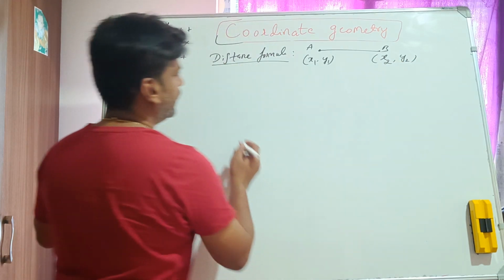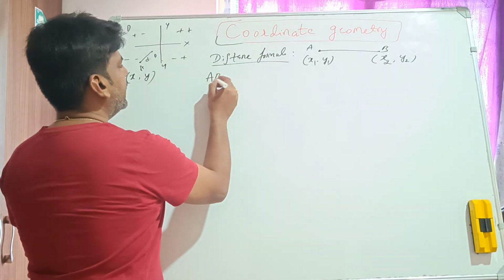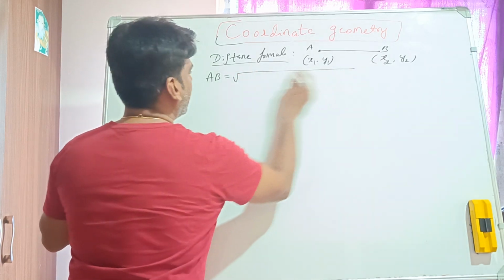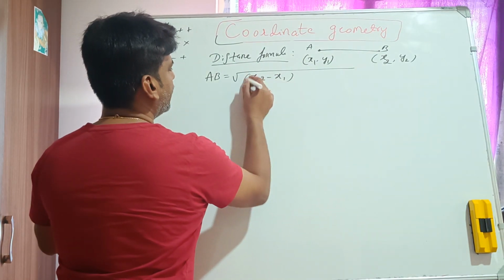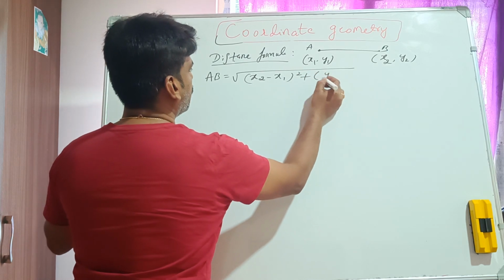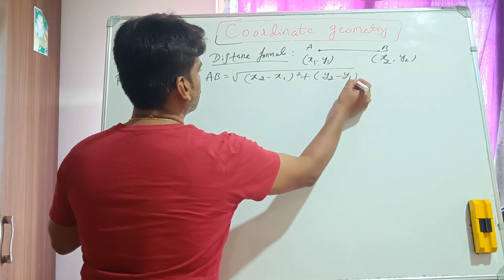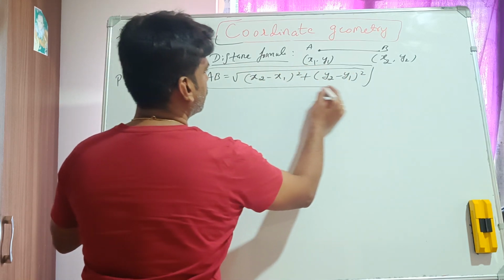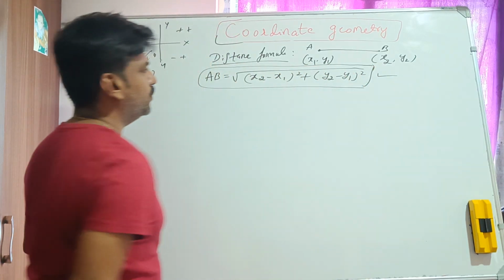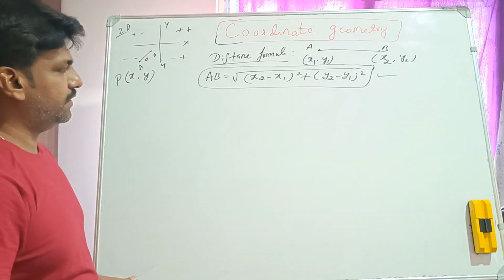The distance between A and B is the square root of (x2 minus x1) square plus (y2 minus y1) square, right? This is the distance between two points formula.